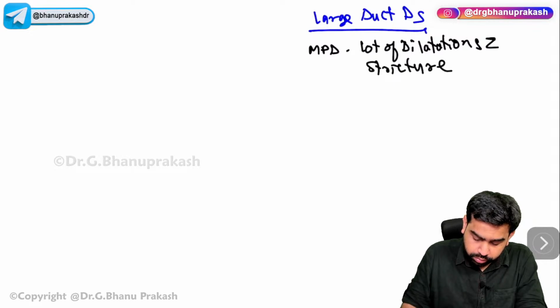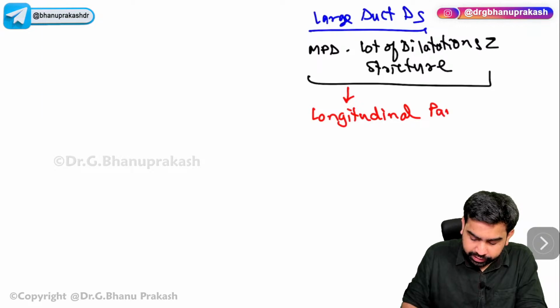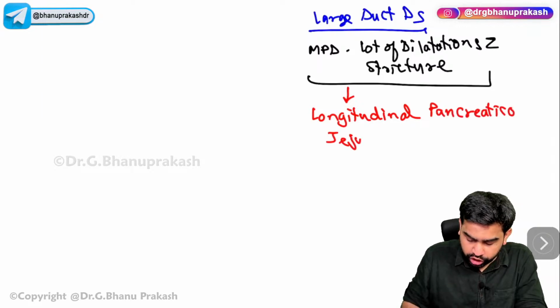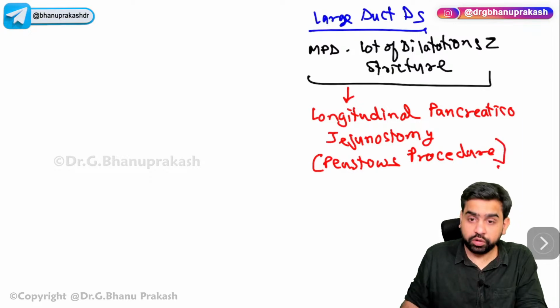So in this scenario, what you have to perform is a longitudinal pancreaticojejunostomy, which is called Puestow's procedure.